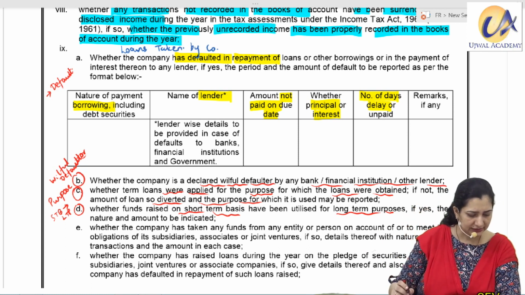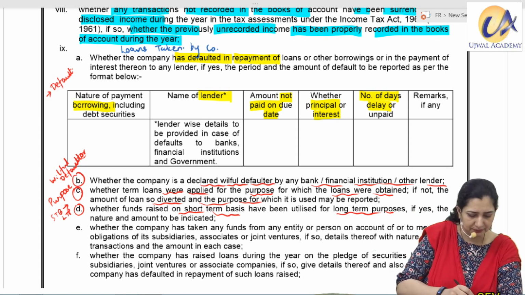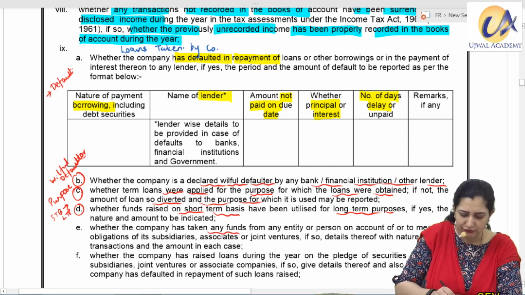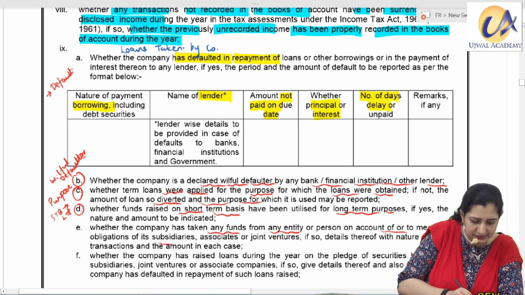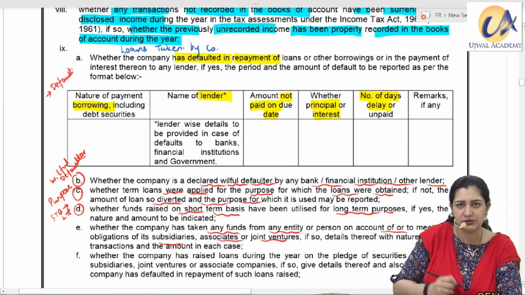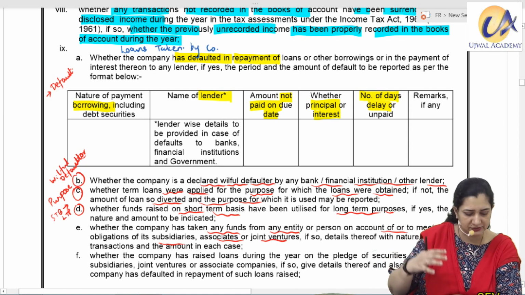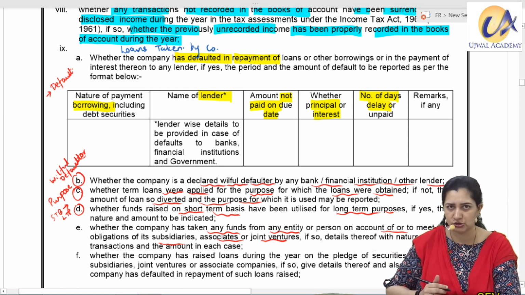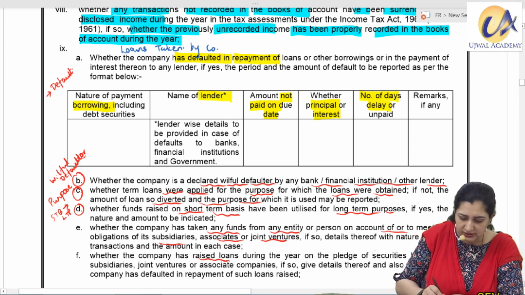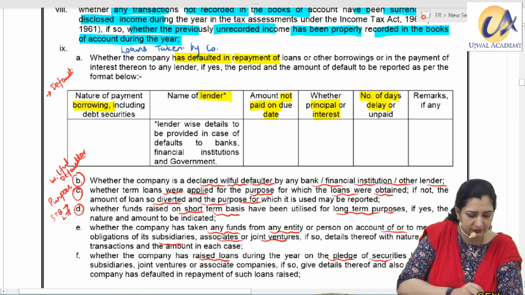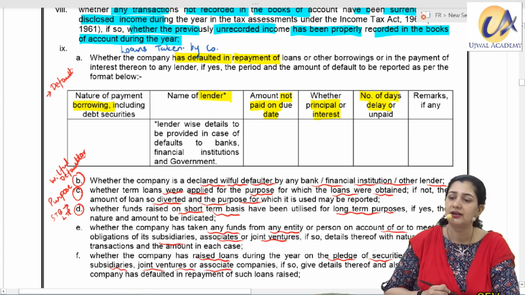Then we have whether the company has taken any funds from any entity on account of their subsidiaries, associates or joint ventures. So if they have taken on behalf of their associates, joint venture, or subsidiary, then you have to give that amount also here. And lastly, have they raised loans by pledging the security of the investment held in subsidiary, associate, joint venture, etc.? Again, we need to give the disclosures of that.